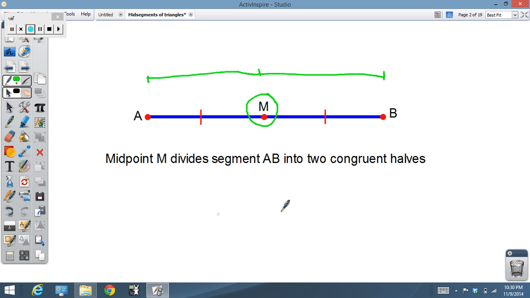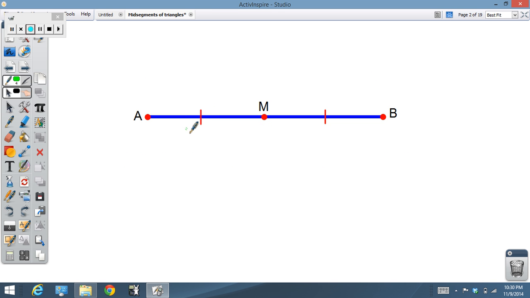So if M is the midpoint of segment AB, it divides AB into two congruent segments, AM congruent to MB. That is a midpoint. Let's not forget that. Hopefully we remember them.